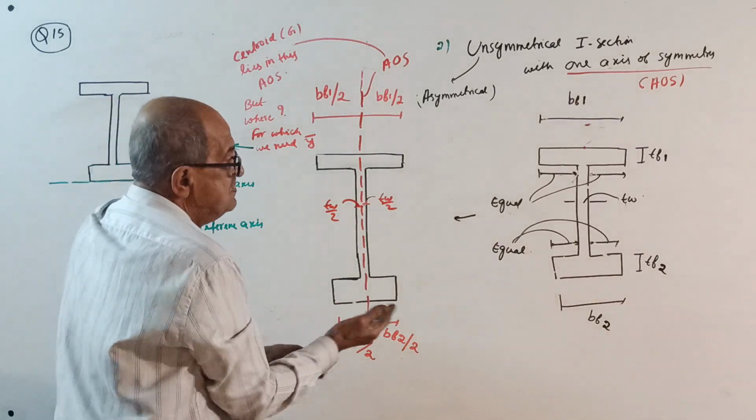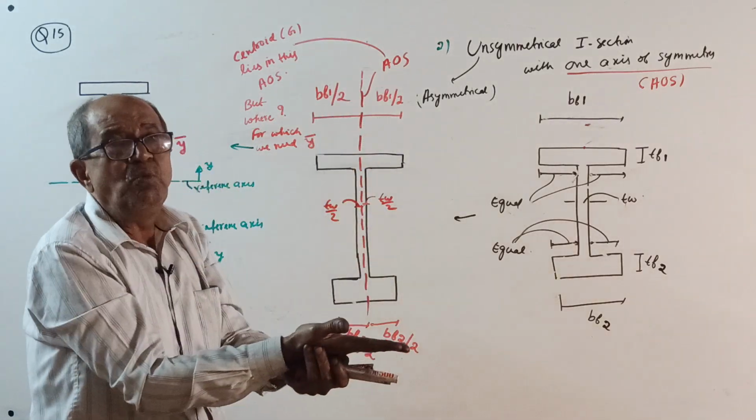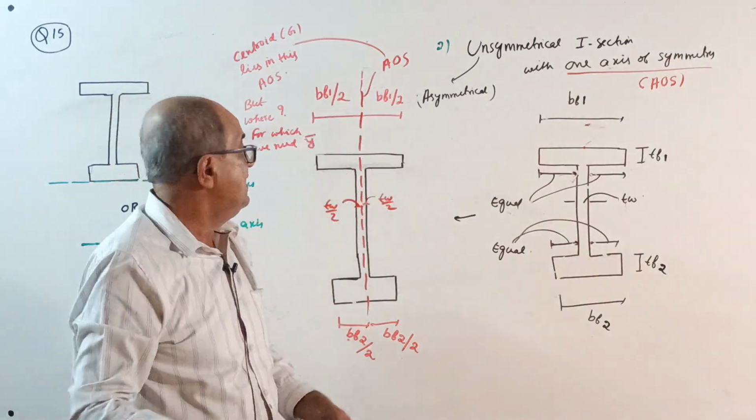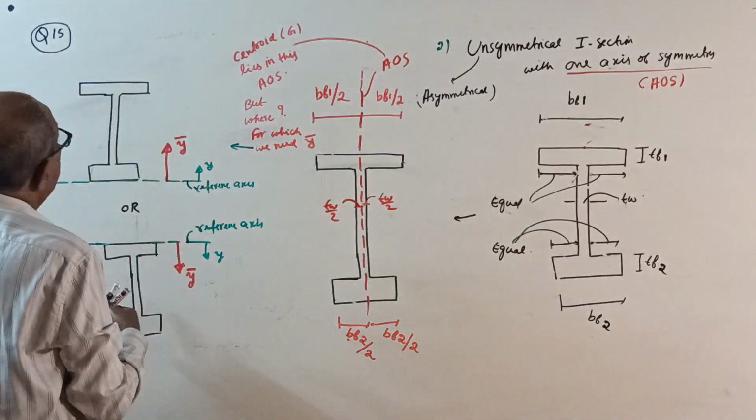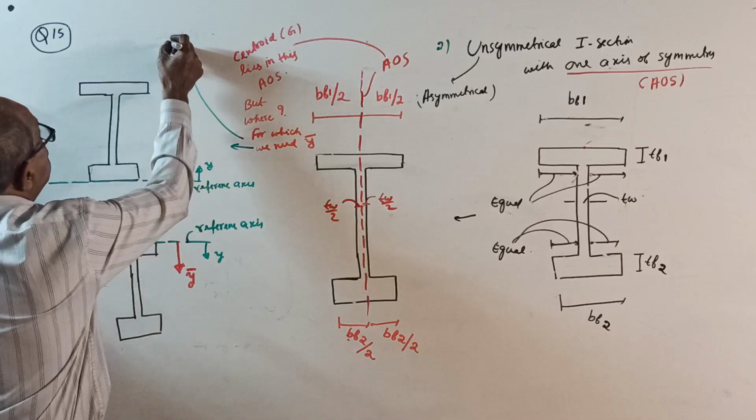But in this vertical direction we require the distance, which we don't know. For that we need y bar. See, for y bar, you have two options.